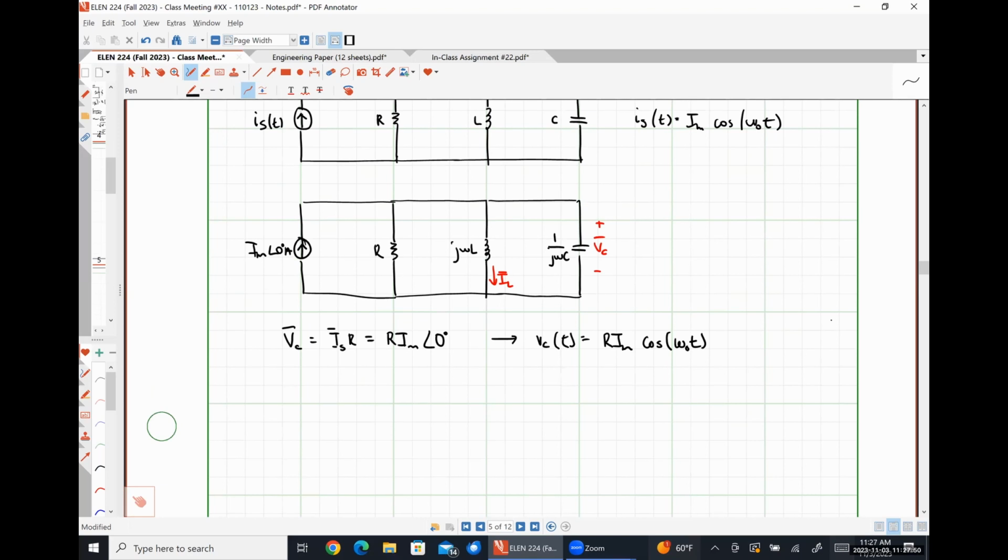So we have determined our capacitor voltage. Now we can easily determine what our energy stored by our capacitor is.